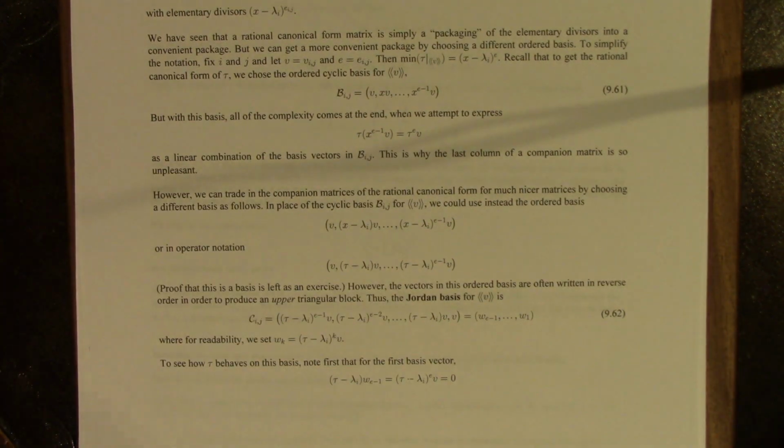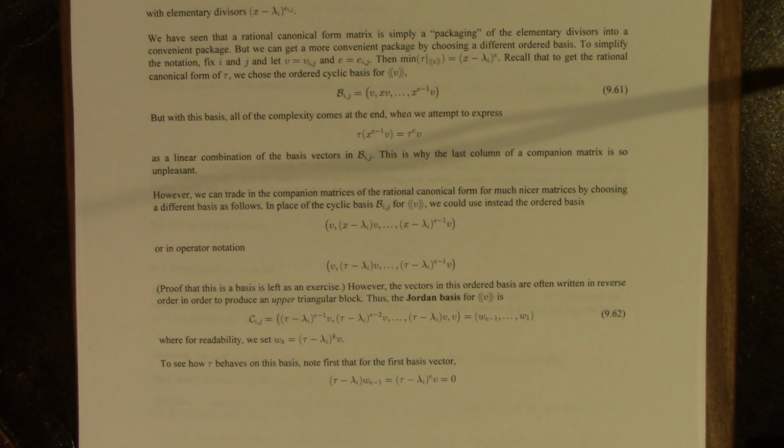Now we've seen that the rational canonical form matrix is simply a packaging of the elementary divisors into a matrix package, but we can get a more convenient package by choosing a different ordered basis than a rational canonical form basis, which is pieced together from the tau cyclic bases.